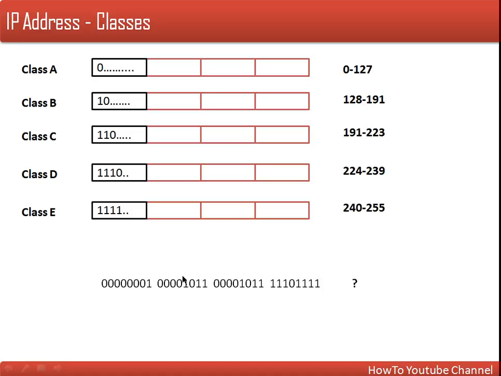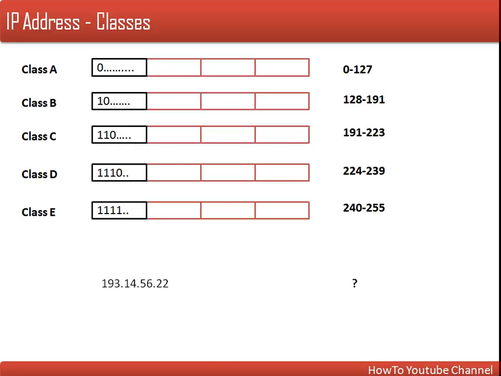Let's say we are having an IP address. So this is our IP address in binary notation, and we want to find out what's the class for this IP address. So we will look at the first byte, and in this byte the first bit is 0. So it is matched with class A. So this IP address belongs to class A.